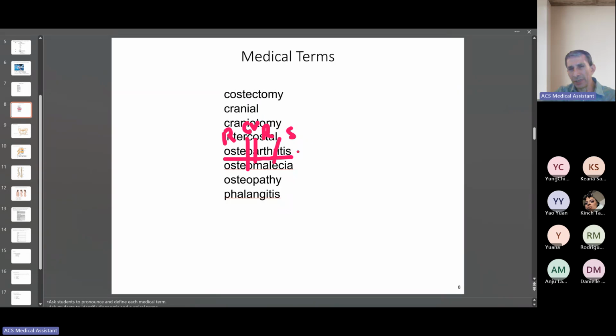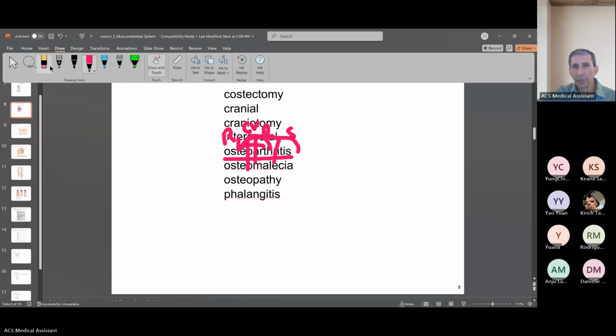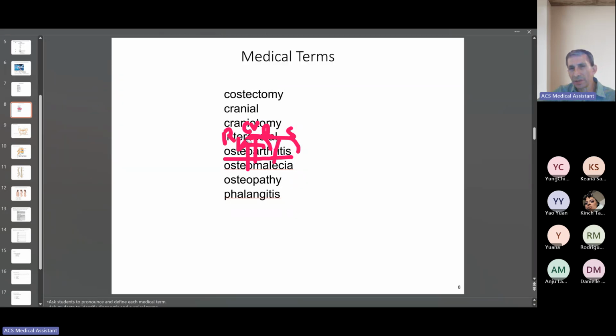So this is inflammation of the bone and the articulation, or the articulations in between the bones. You can use either, whichever sounds better for you.